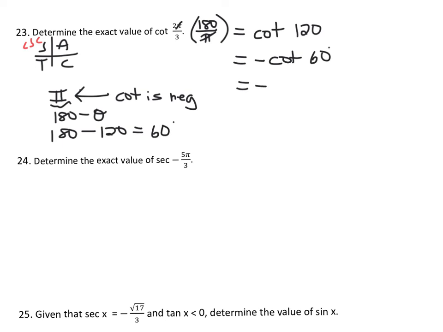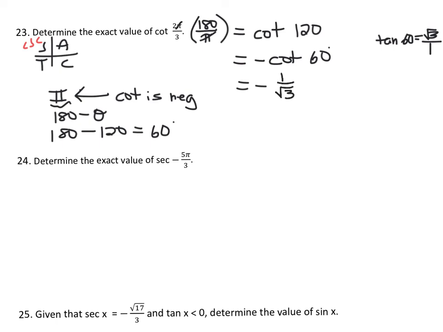You could think about this in your head or off to the side, but the reciprocal of cotan is tan, and tan of 60 is radical 3. I'm going to put that over 1 because you want to use cotan as its reciprocal. So the reciprocal of this, flipped upside down, is 1 over radical 3.